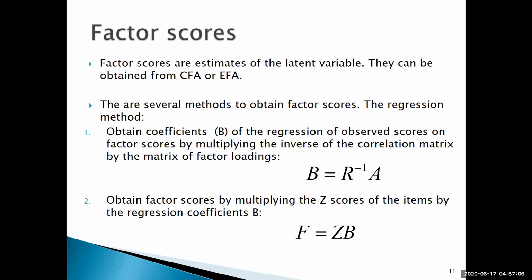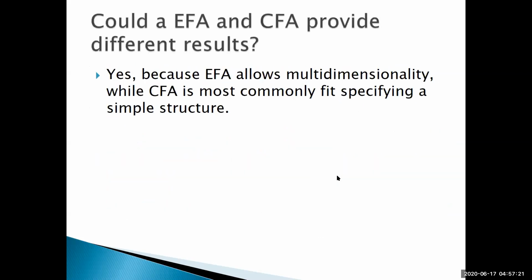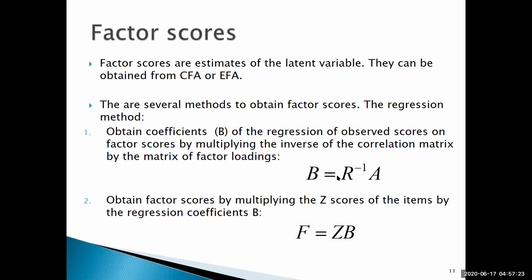The regression method is the simplest. So you do it in two steps. First, you multiply the inverse of the correlation matrix by a matrix of factor loadings.